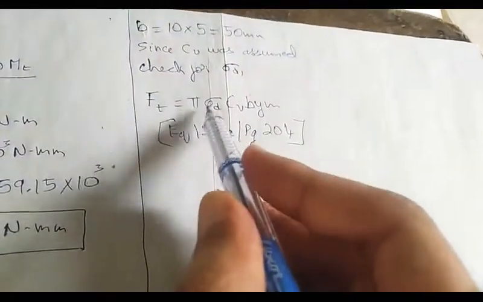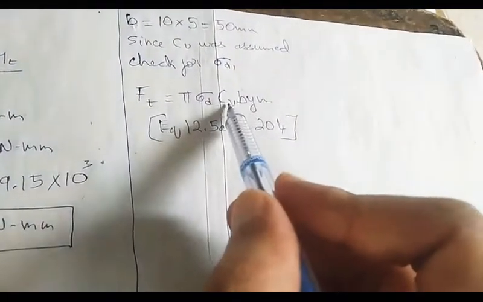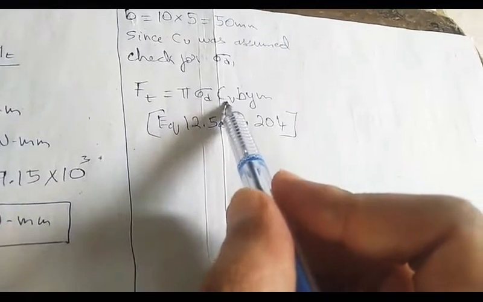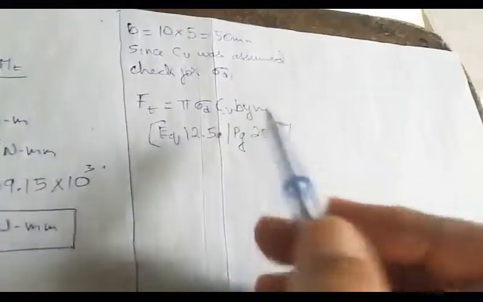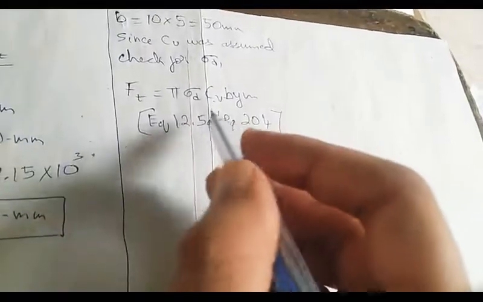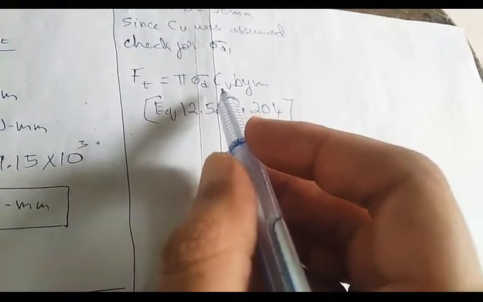So first we have to find the value of CV. Before finding CV, we have to find the velocity.